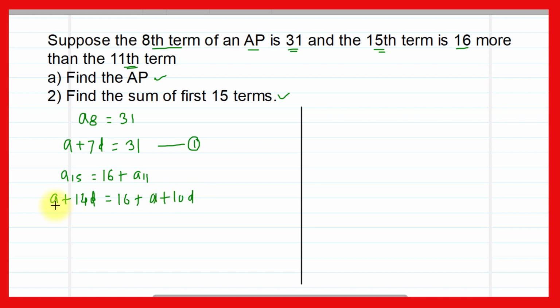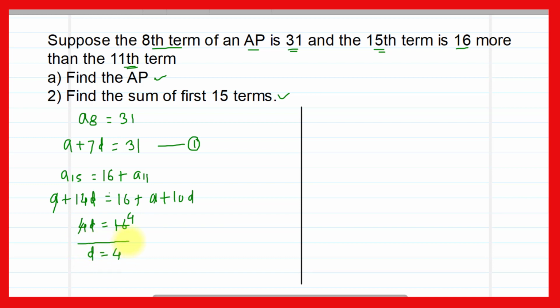So here A and A will get cancelled. Take 10D to this side, it will become minus 10D. So 14D minus 10D, that will be equal to 4D, which is equal to 16. So 4 ones are 4, 4 fours are 16, and therefore D is equal to 4.